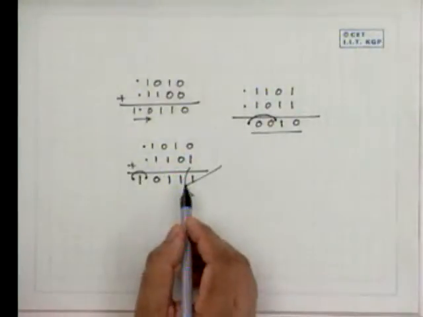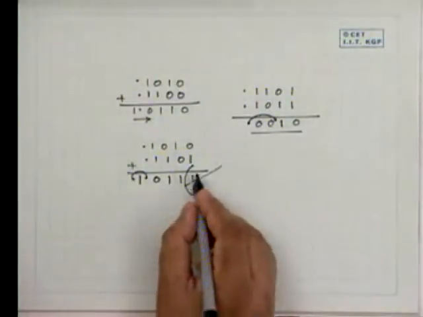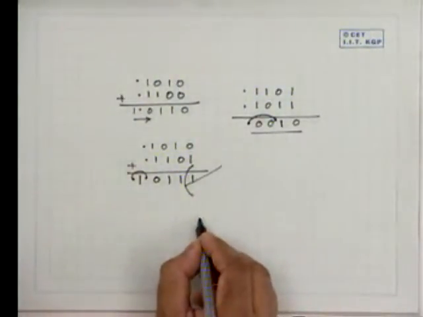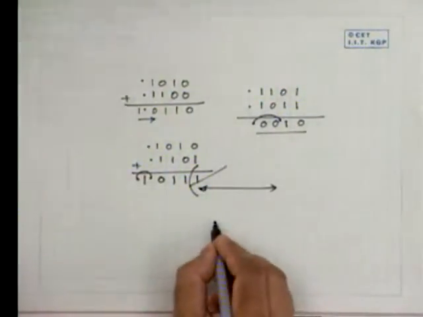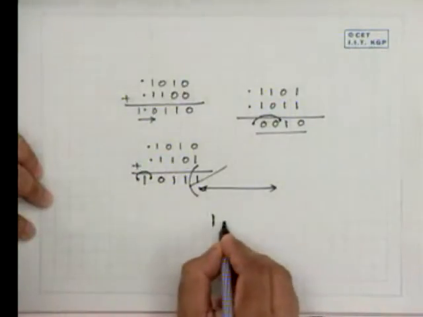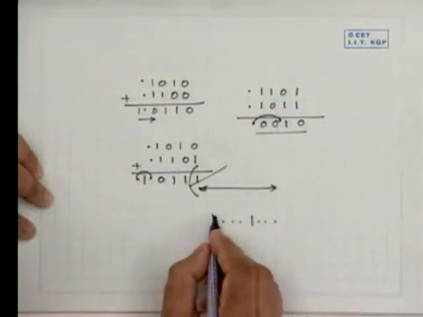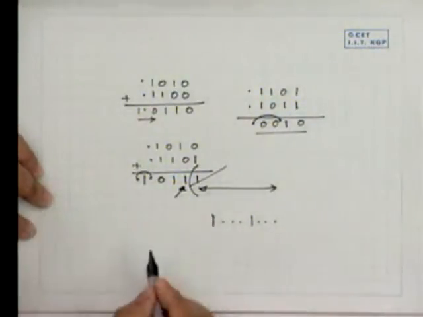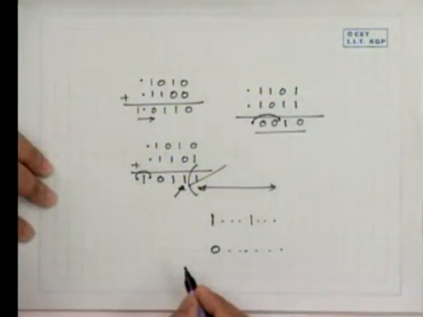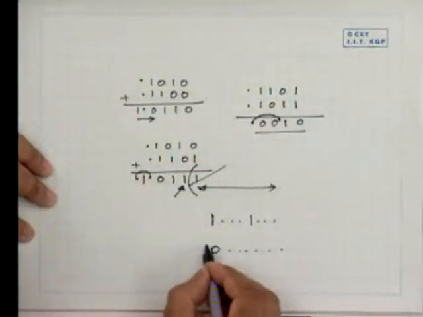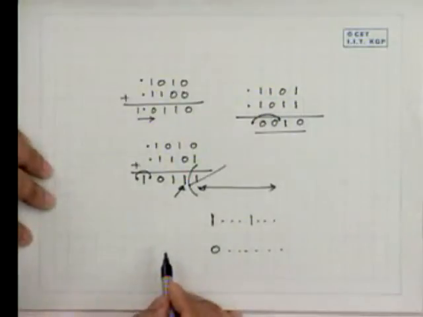The rules for rounding may be many, but one rule can be made applicable. If the first bit of the discarded pattern is 1, and then there is at least some 1 bit after it, in that case simply increment the previous bit. If the first discarded bit is 0, irrespective of what bits you have, simply discard these bits and you don't have to do anything to the previous bit.